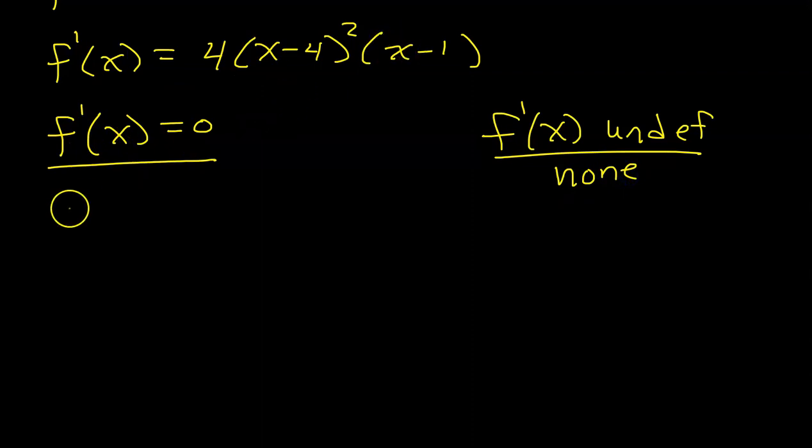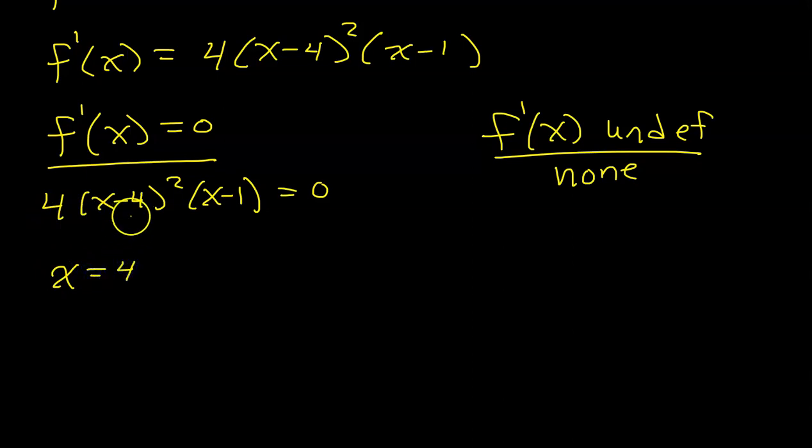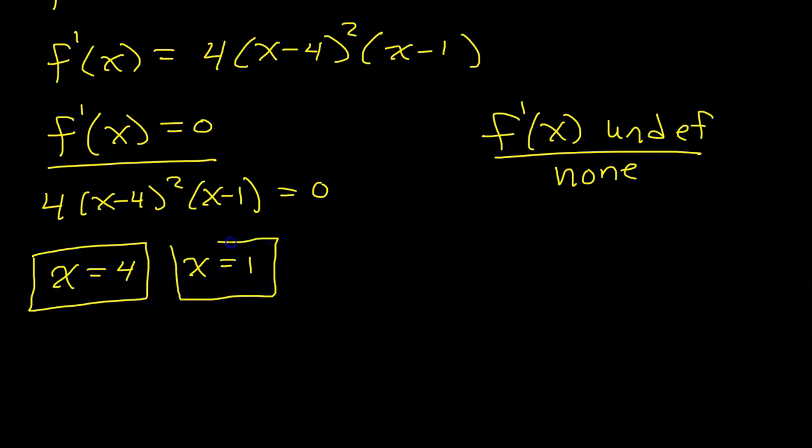So setting this equal to 0, using the zero product property, we're just going to get x equals 4 from this factor, and we're going to get x equals 1 from this factor. So these are the two critical numbers. We will use these to separate the number line into intervals.